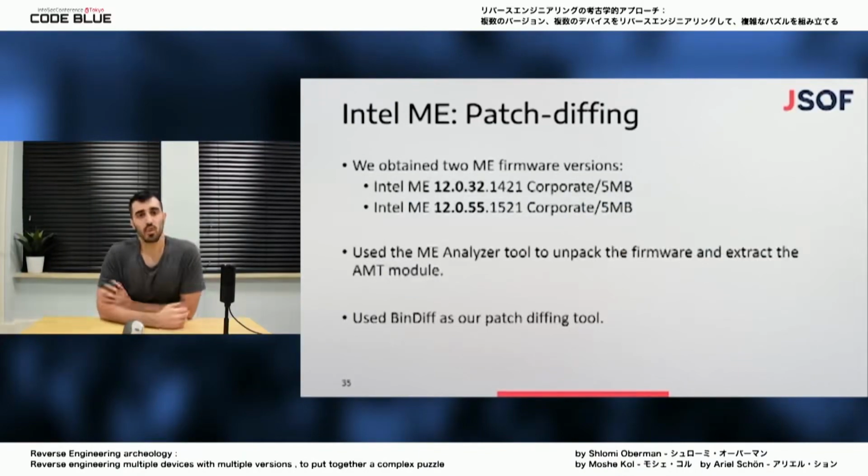So we obtained two ME firmware versions online, and we wanted to patch diff between these two versions. We used the ME Analyzer tool to unpack the firmware and extract the AMT module, and we used BinDiff as our patch diffing tool.